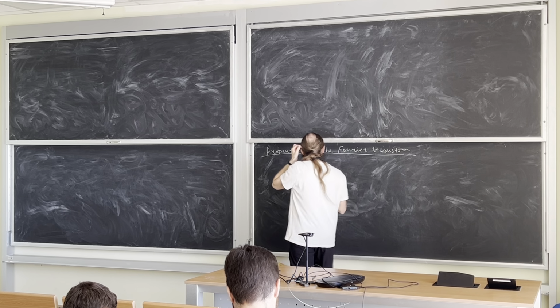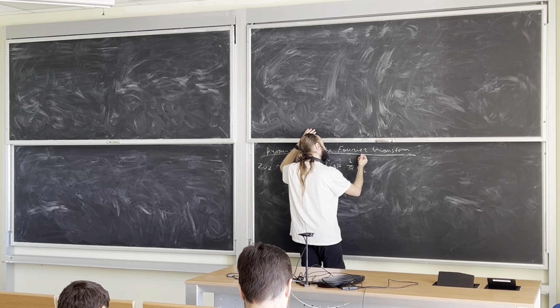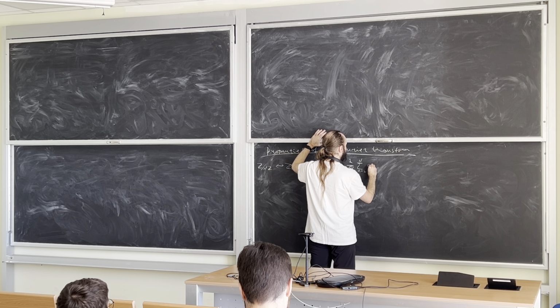So in the finite dimensional case, it was defined by this formula, that f tilde of k was 1 over square root of n, sum from 1 to n.